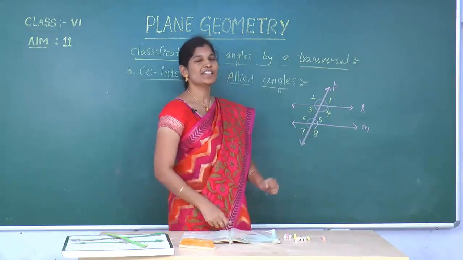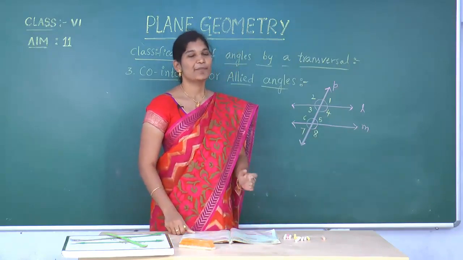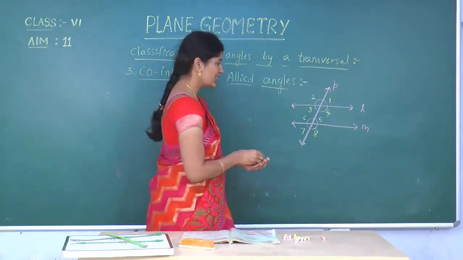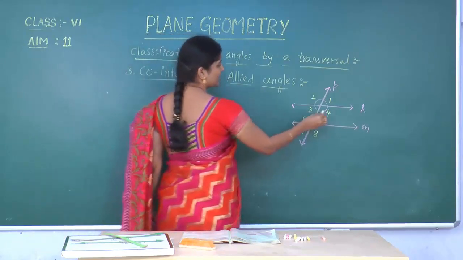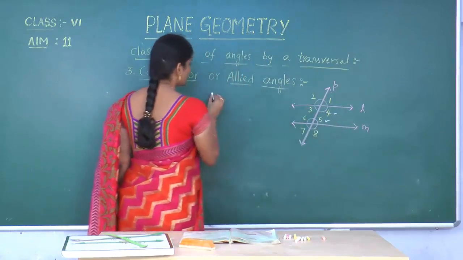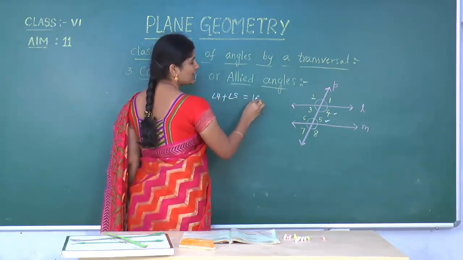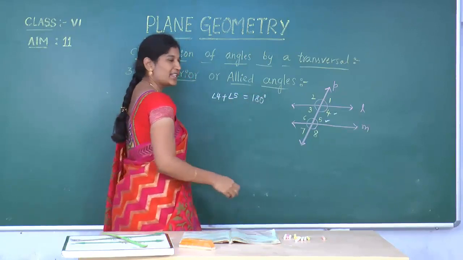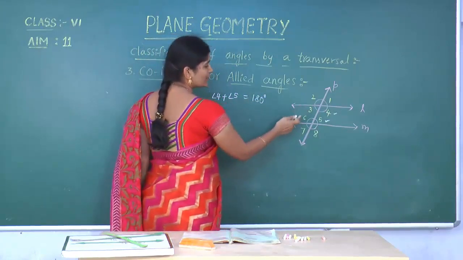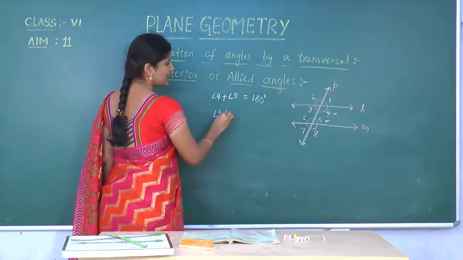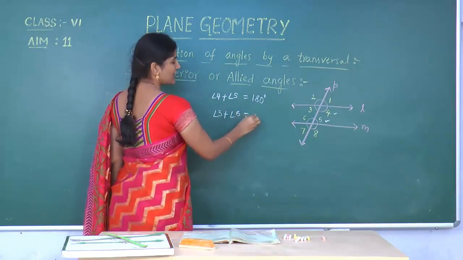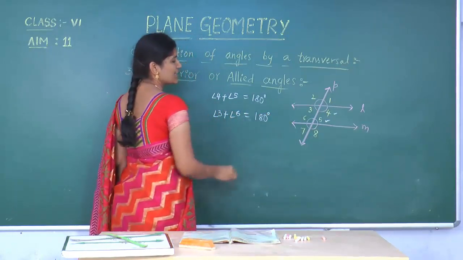The sum of co-interior angles is supplementary. So the specialty of this one is, here this one and this one, if you add angle 4 plus angle 5, you will get 180 degrees. At the same time, if you add these two, angle 3 plus angle 6, then also you will get 180 degrees.